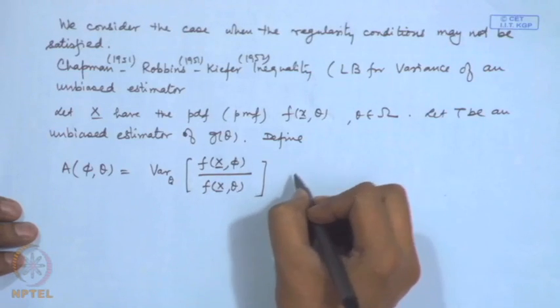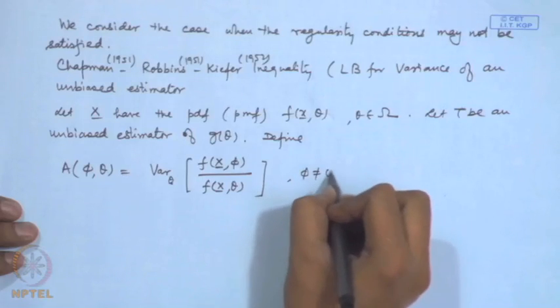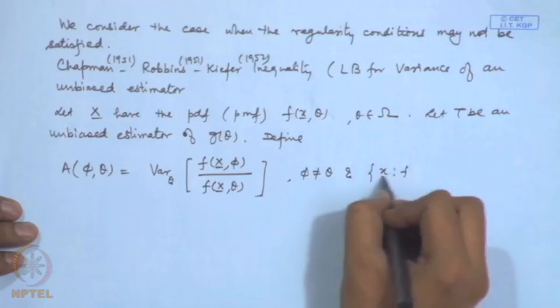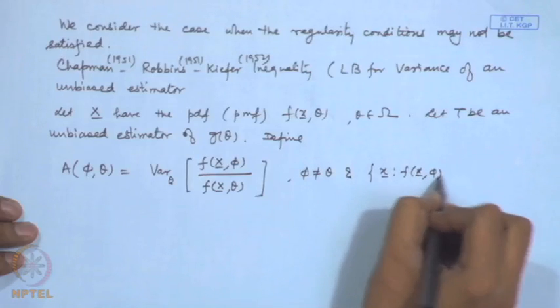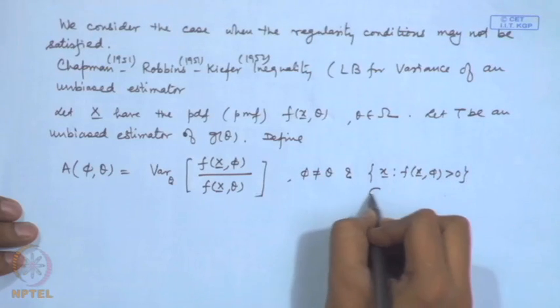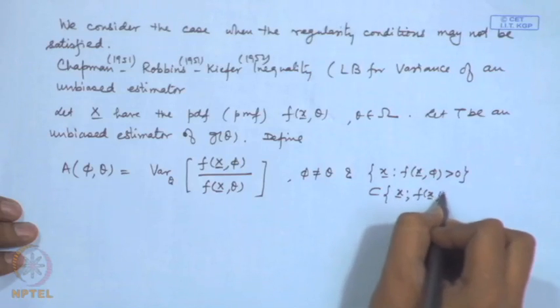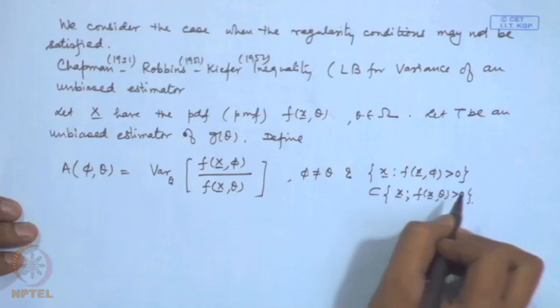So, we should say here phi not equal to theta and the set of x such that f x phi is positive is a subset of the set such that f x theta is positive.